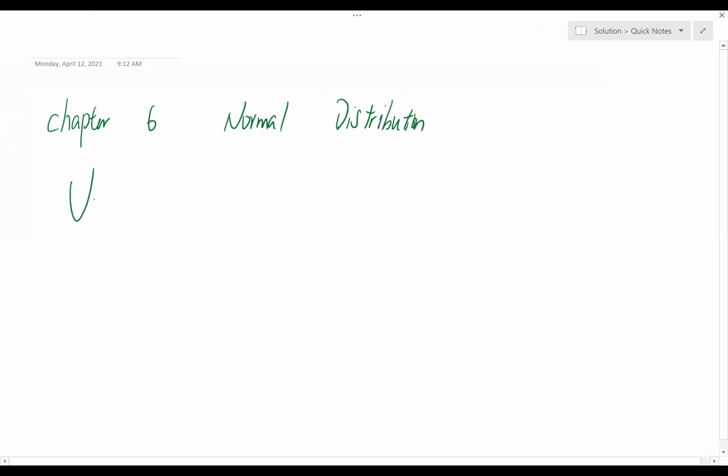Let me just briefly talk about uniform distribution. We're still on chapter 6, normal distribution. Last time I talked about standard normal distribution, and let's take a look at the uniform distribution really quickly.